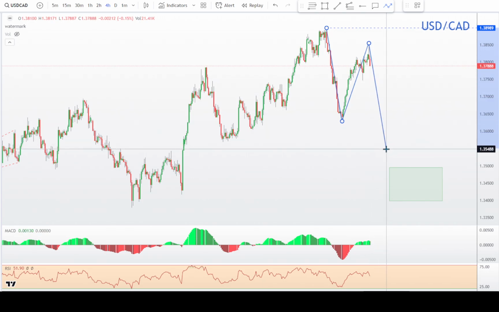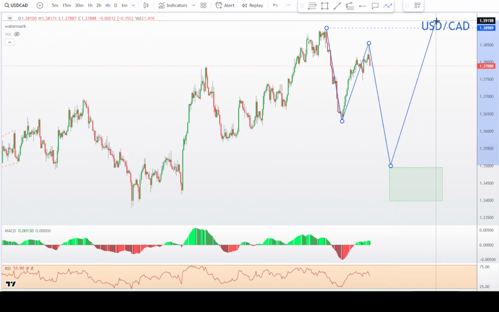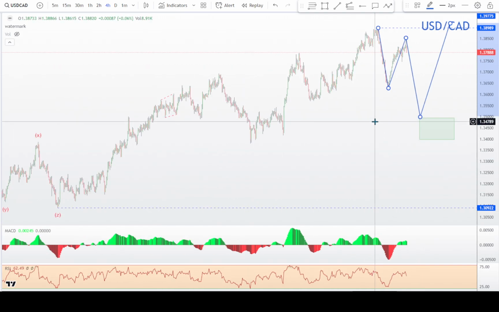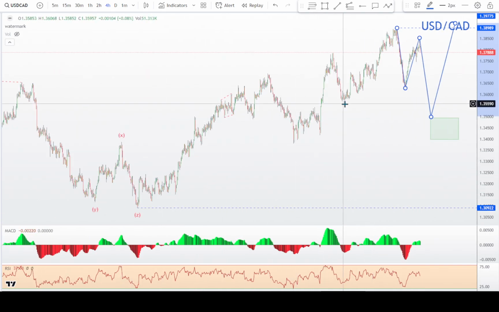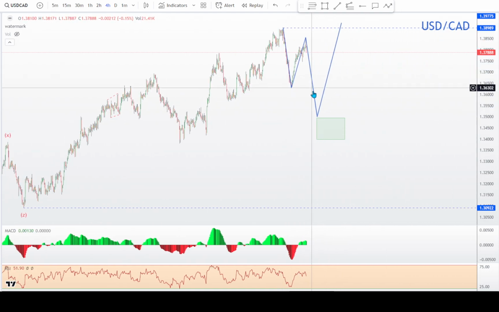I would assume that they'll probably come and target this 135 level before they resume up, because we had this leading diagonal up, so now this will be all correction.